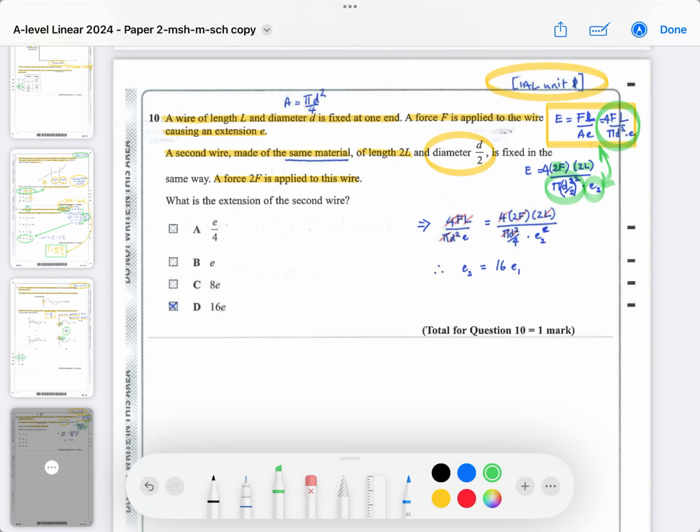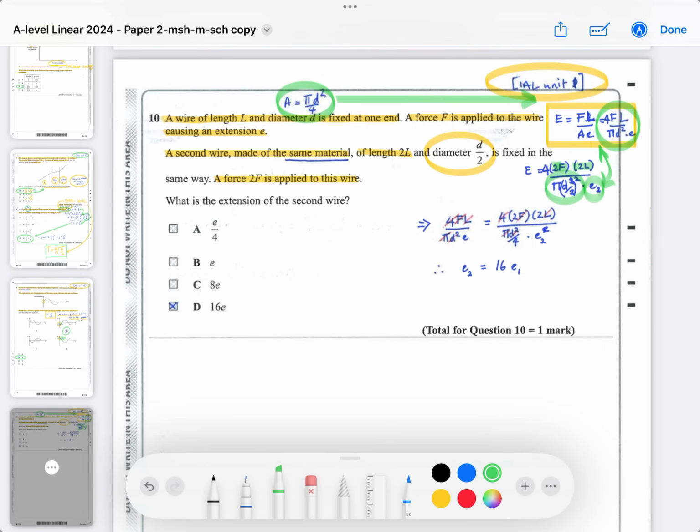So I think I was a bit confused when I was explaining it the first time. There's a pi d squared over 4 for the area in the first case. That's why it changes to the green circle in the yellow box at the top. And the second one, you've got the 4 because of pi d squared over 4, and this time you've got d over 2, half the d, yeah? So another factor comes in.